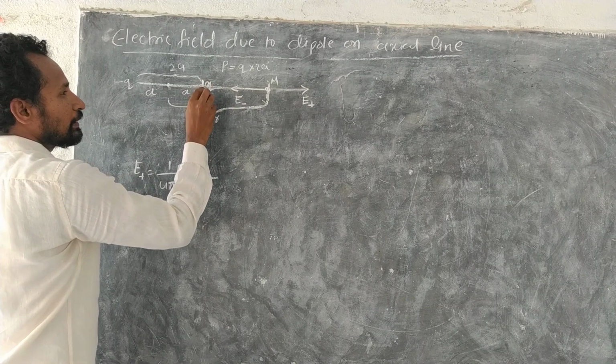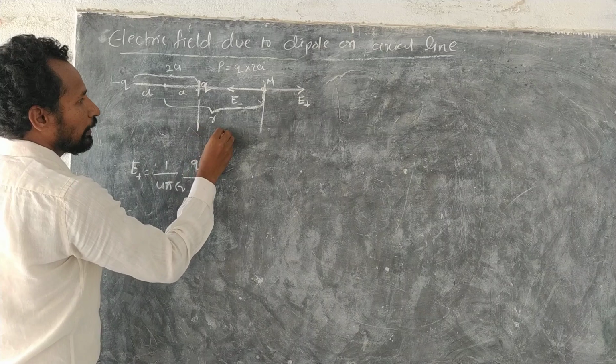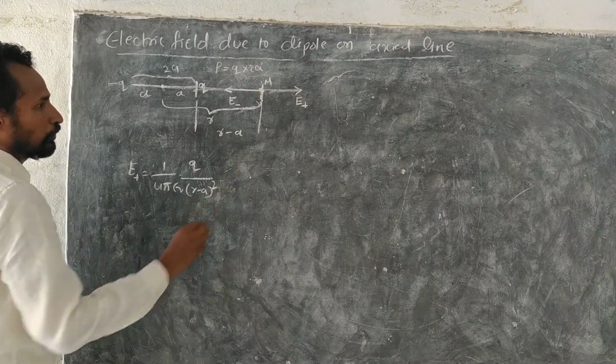Now the distance between q and M will be r minus a, so this is (r minus a) whole square.